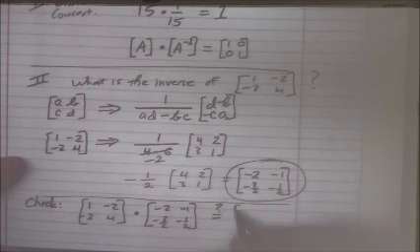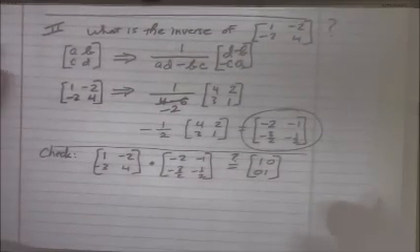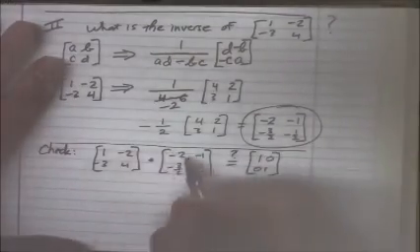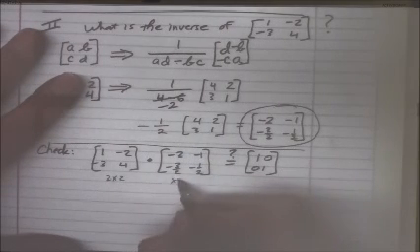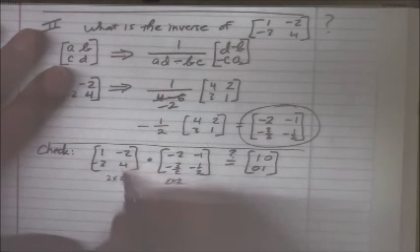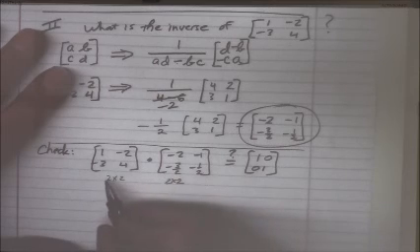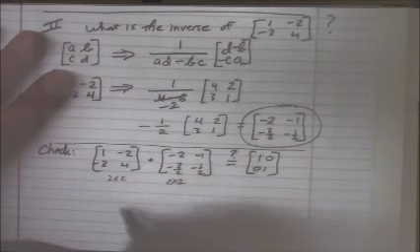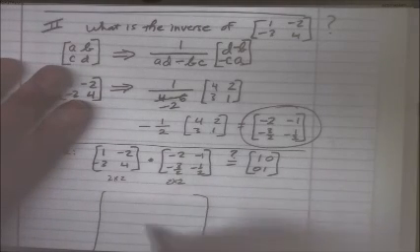Does it equal 1, 0, 0, 1? Let's find out. We're multiplying a 2 by 2. All right, so this is a 2 by 2, and this is a 2 by 2. Because these two inside ones, the columns here and the rows here, because they're equal, we can multiply it. The result is also going to be a 2 by 2, the outside ones. So I'm going to set this up down here for figuring it out.